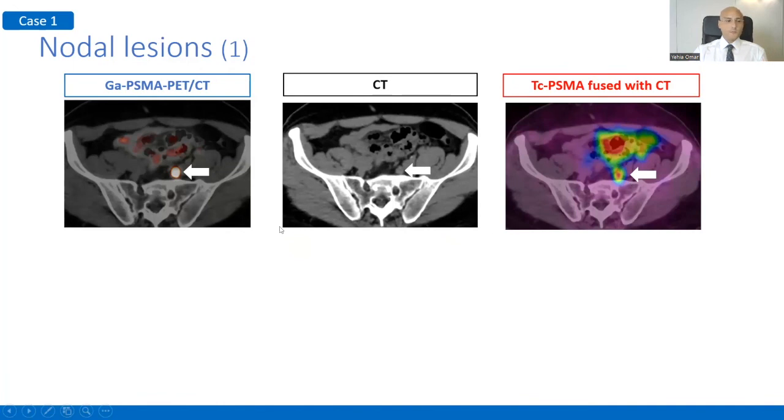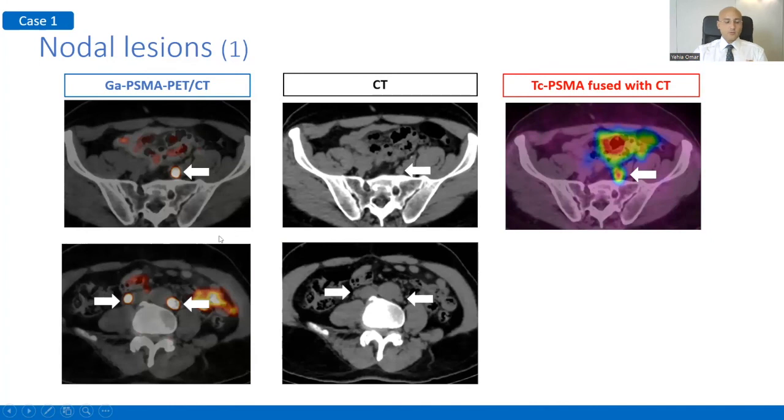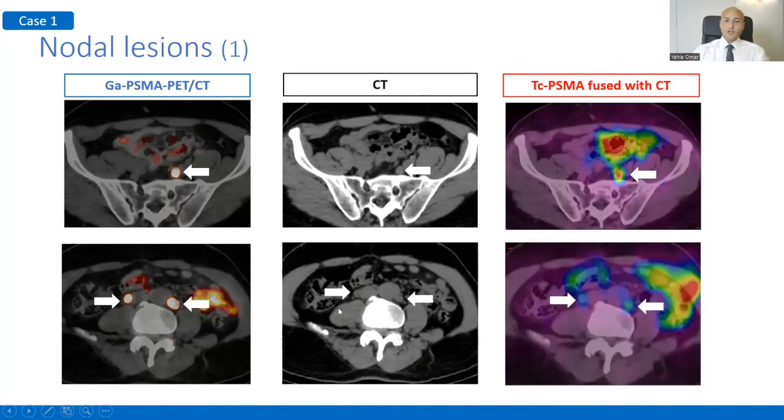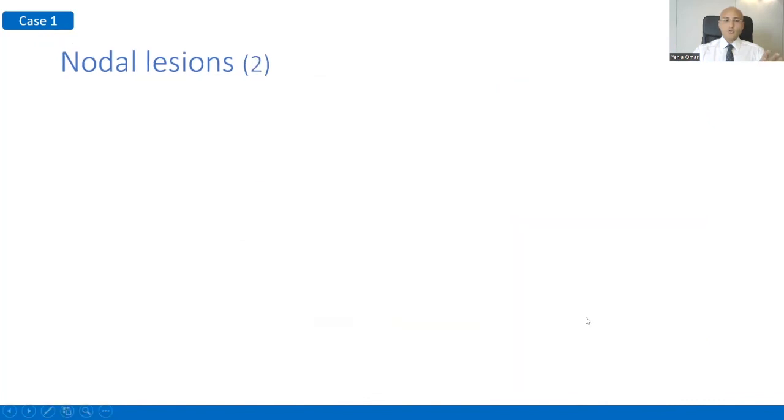When we go to a higher level in the abdomen, we have a left para-aortic lymph node and a pericaval lymph node. Specifically, the one on the right side was small, almost 8 millimeters. And when we see the technetium, the same lymph nodes were detected easily here and the other one here. So these were almost 8 millimeters.